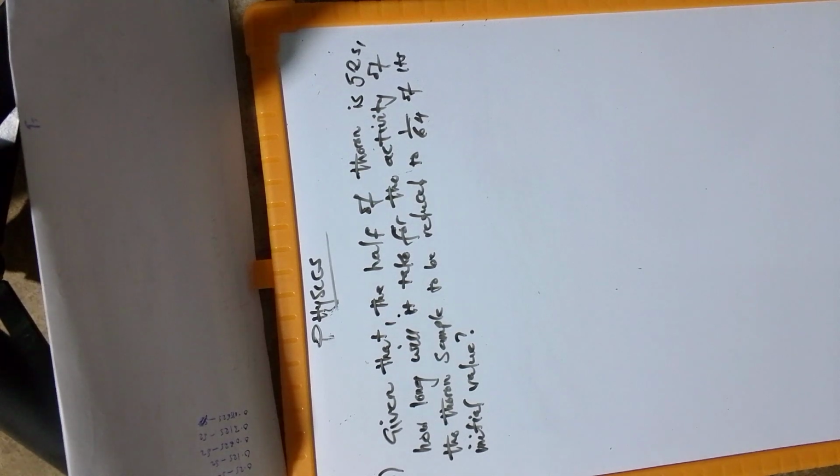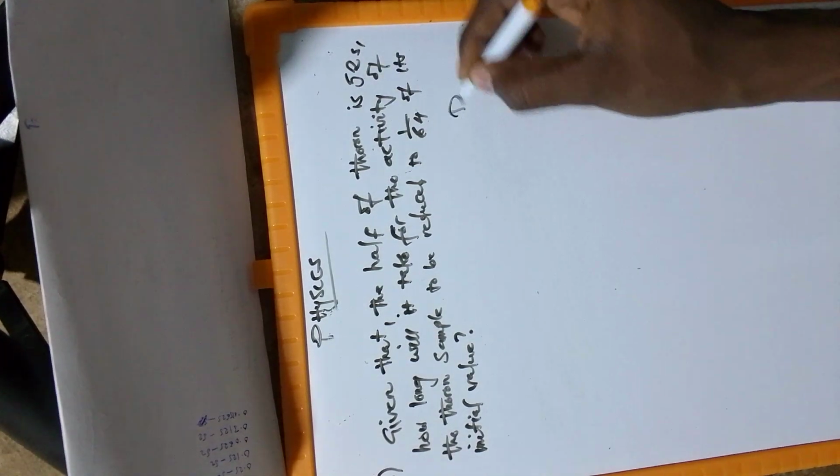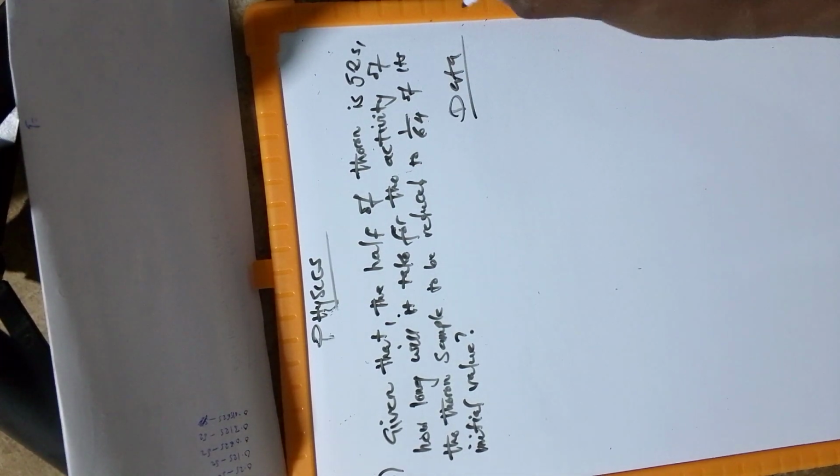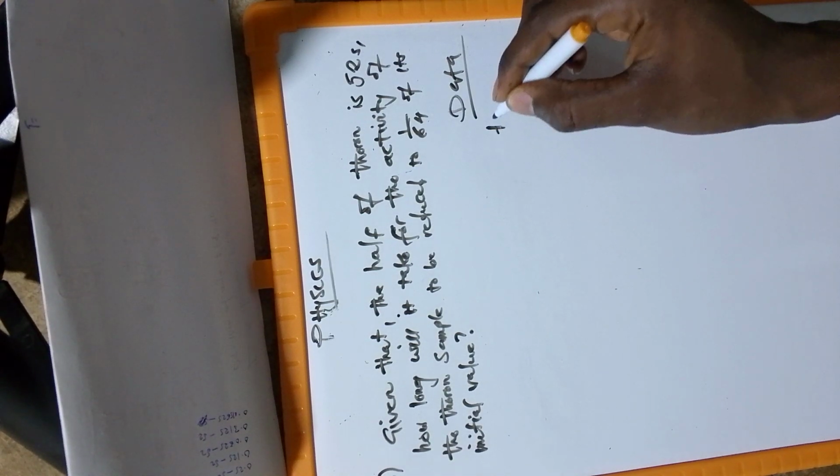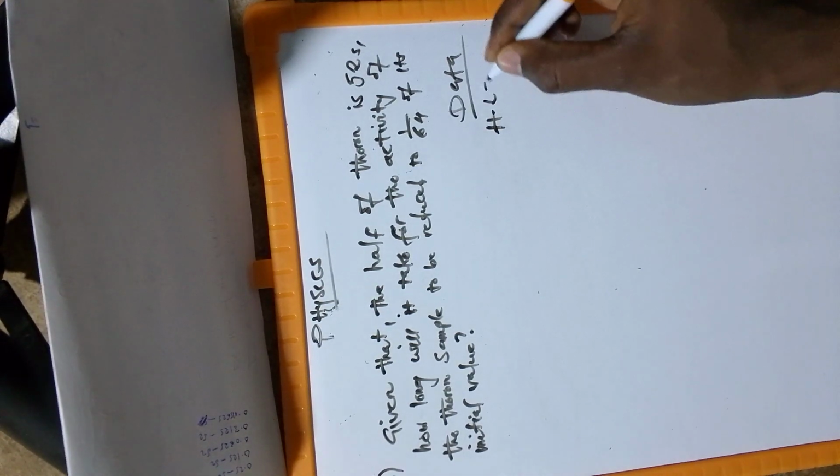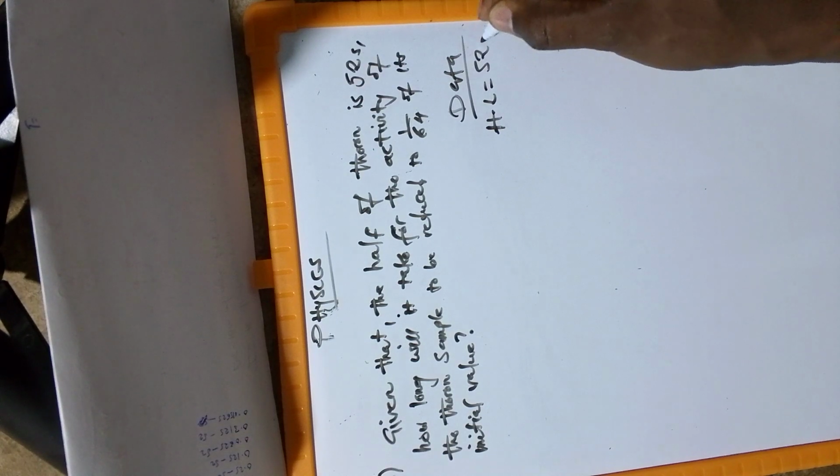So let us identify what have been given in the question. Given that the half-life of thorium, so half-life, if we can get our data, you know that half-life, we have 52 seconds.